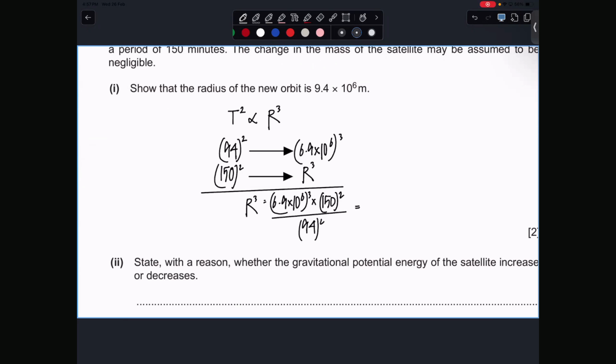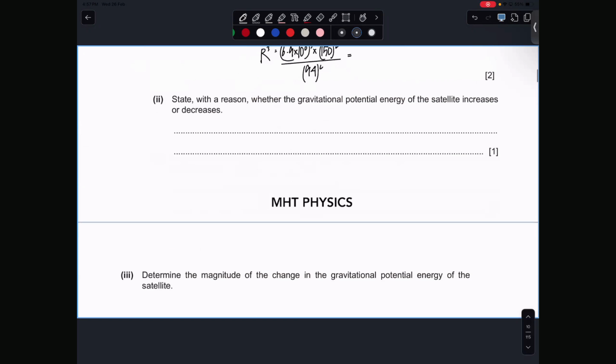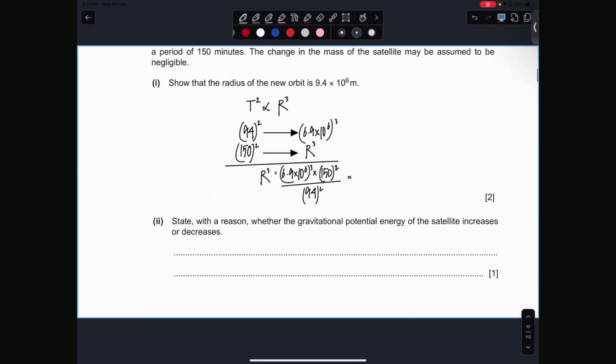Would someone check how much you get? Of course, there's going to be a larger radius. Let me check there. 9.4. 8.4.